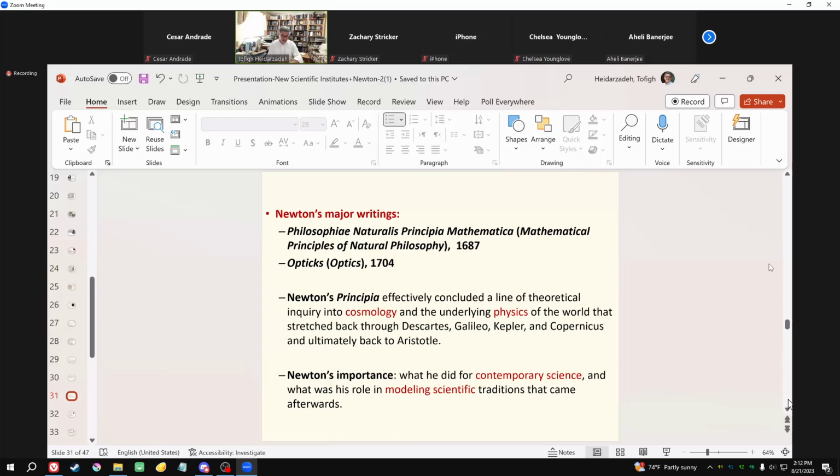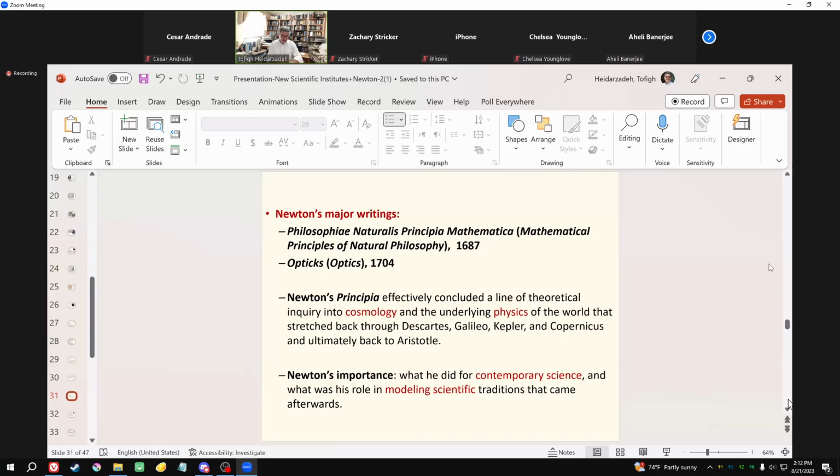And this guy came to explain the mathematical principles of physics. So he believed that physics has a mathematical base, and it's his job to reveal those principles.